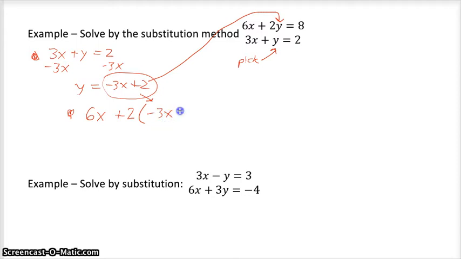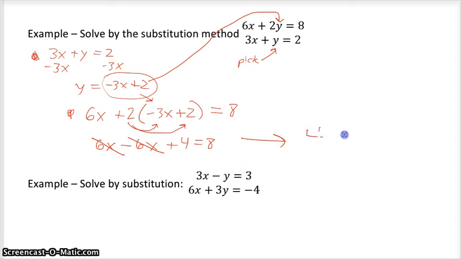So negative 3x plus 2 equals 8. Solving this, I'm going to distribute. So I get 6x minus 6x plus 4 equals 8. If you notice here, we have a 6x and a minus 6x, and they cancel out, and I'm left with 4 equals 8.